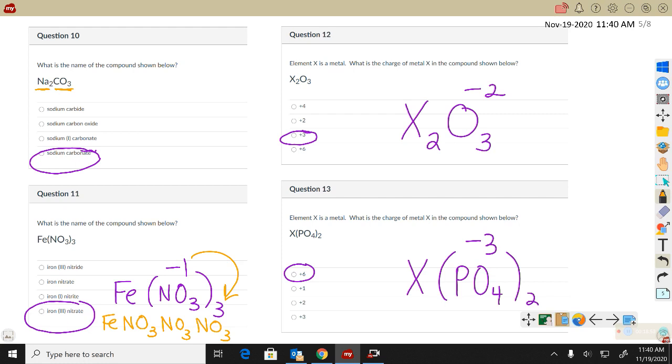And the little 3 on the outside tells me there are 3 groups. Okay, so negative 1 times 3 gives me an overall charge of minus 3 on the back. There's only 1 atom of iron, so it must be plus 3. And then again, it's that charge that becomes the Roman numeral. Iron 3 nitrate.